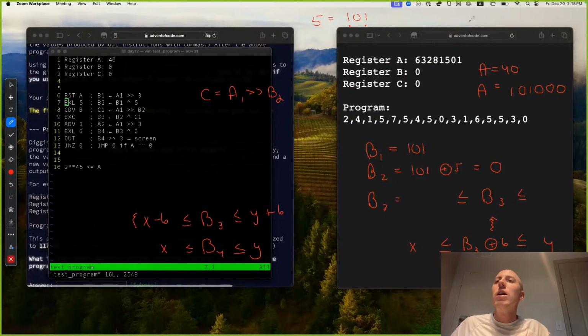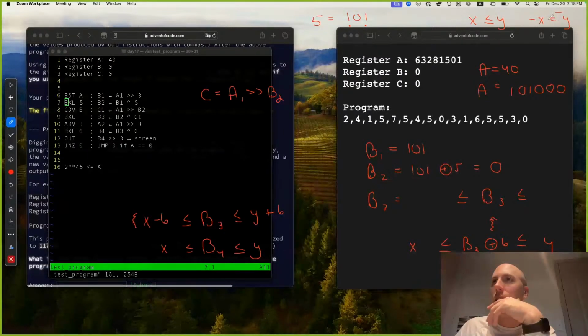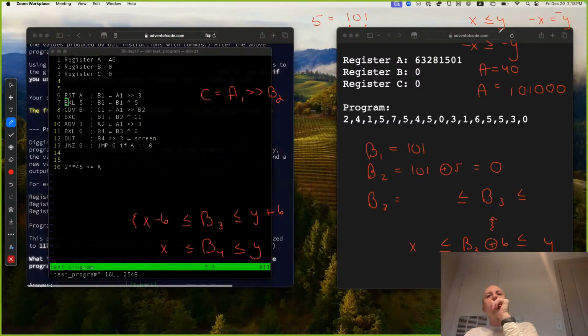If you have x is less than or equal to y, if you had x is equal to y, you could multiply both sides by -1 and keep the equality. But with an inequality, if you multiply by -1, you have to flip the inequality sign. So I wonder if there's a similar thing with XOR.